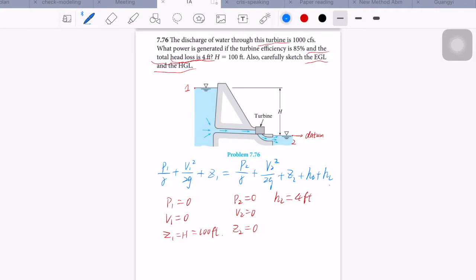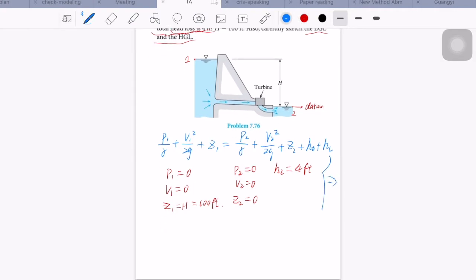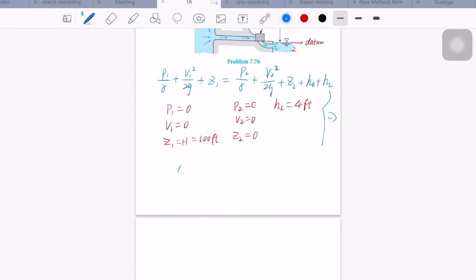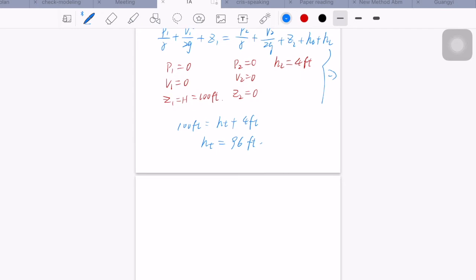So we can get that 100 feet equals HT plus the 4 feet. We get that the turbine head is 96 feet. And then we apply the power equation.